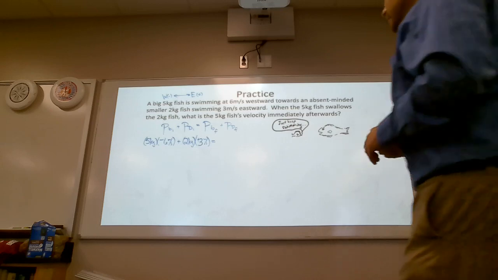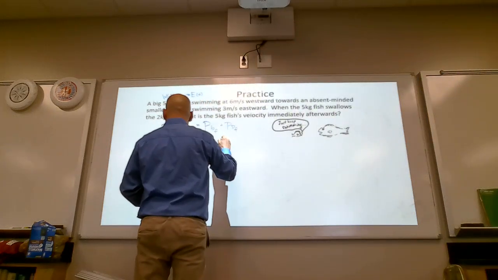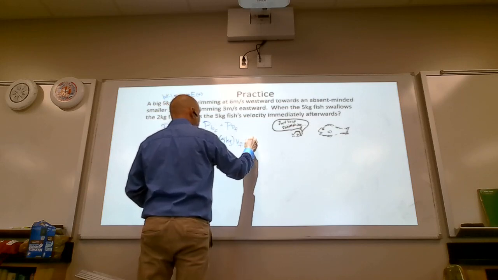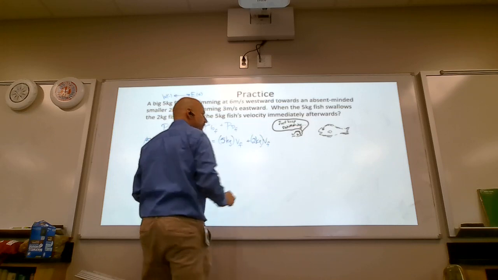So you can set this up like this. You have 5 kilograms times some final velocity plus Dory's body at some final velocity.